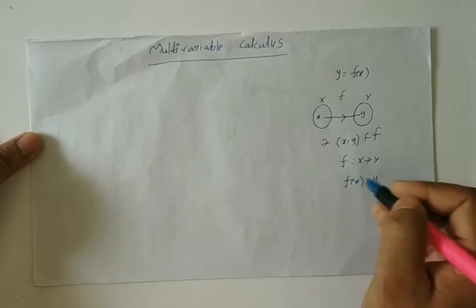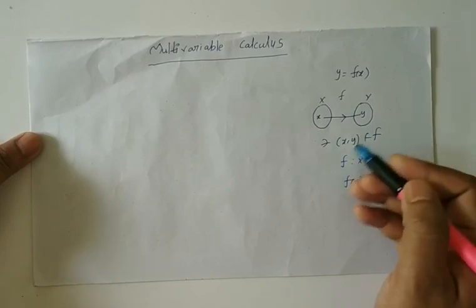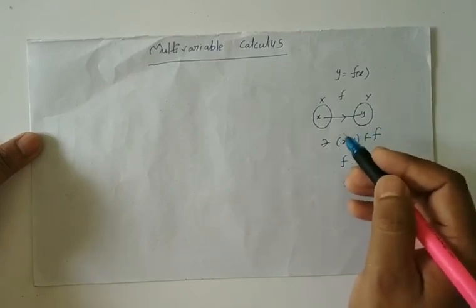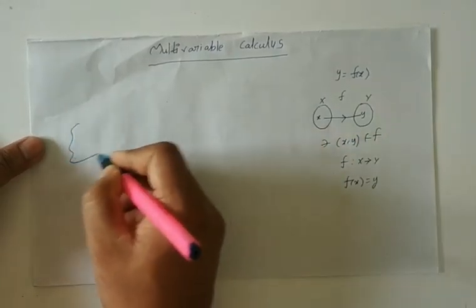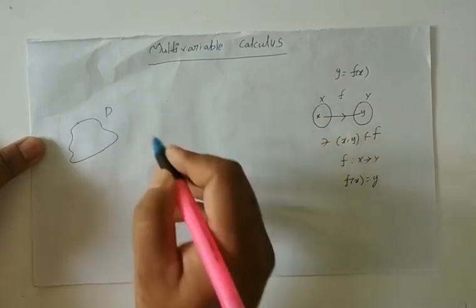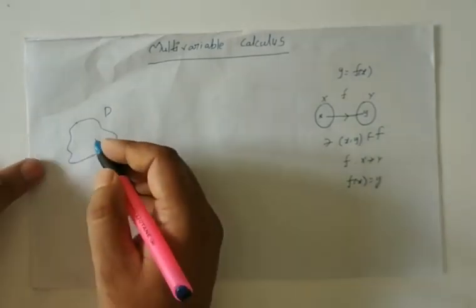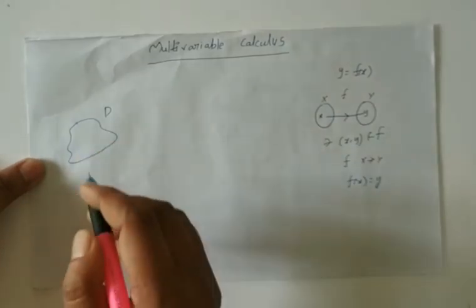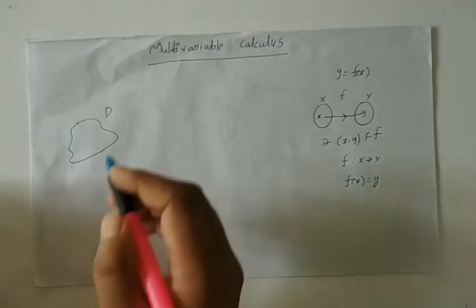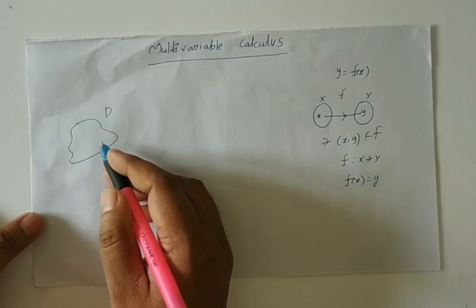Similarly, we can define functions of two variables also. Now let us see how to define functions of two variables. For this, let us consider D any non-empty set which contains ordered pairs of real numbers.